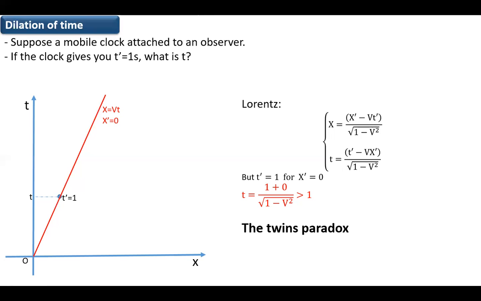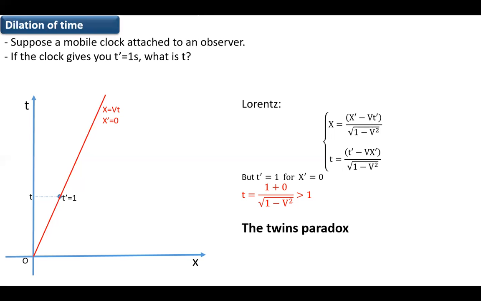This is the origin of the twins paradox. So you know the history of the twins, which is a fictional story. If you take two twins that have exactly the same age, you put one of the twins on a space shuttle that goes around the space at a speed v for a certain time.